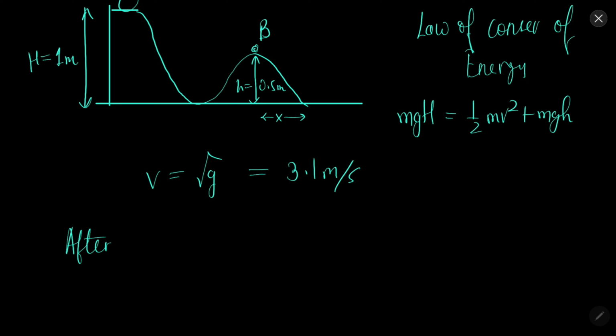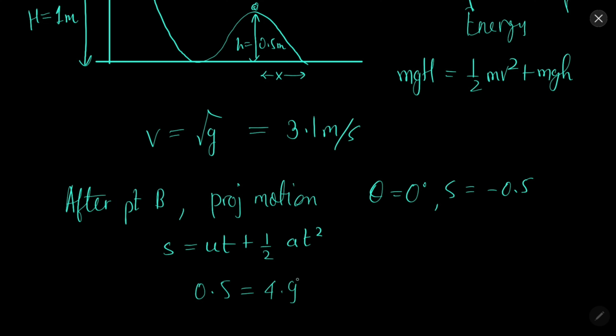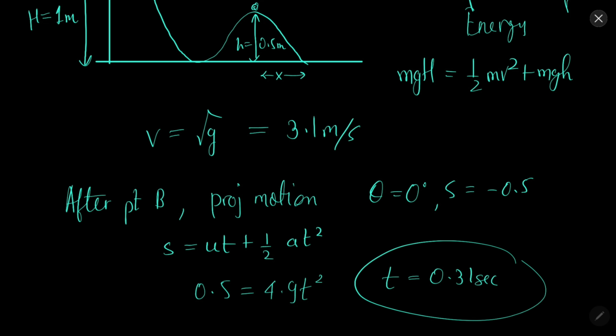Now after point B, the body does projectile motion, theta 0 degree, vertical displacement 0.5. Displacement equals ut plus half at square. So here 0.5 equals 4.9 t square, which will give us 0.31 seconds.